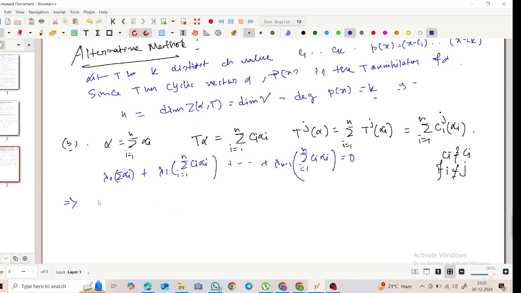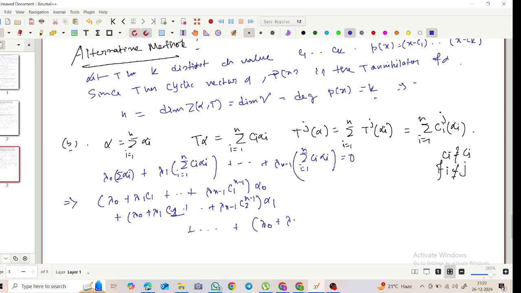So you get lambda 0 plus lambda 1 c1 up to lambda n minus 1 c1 to the power n minus 1 times alpha 1, and lambda 0 plus lambda 1 c2 up to lambda n minus 1 c2 to the power n minus 1 times alpha 2, and so on.